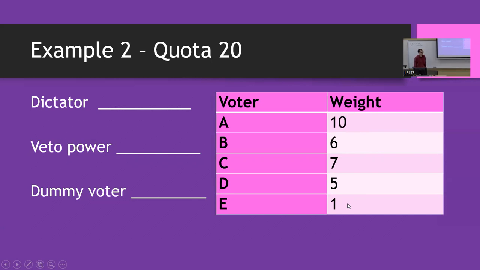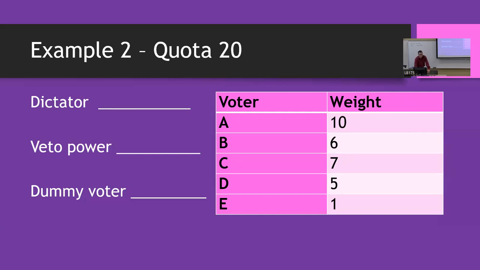Just keep that in the back of your head. Notice the total weight is 29, and this quota is well above 50%. 15 would be above 50%. So oftentimes we can have quotas that are above 50%. I just wanted to put that out there.